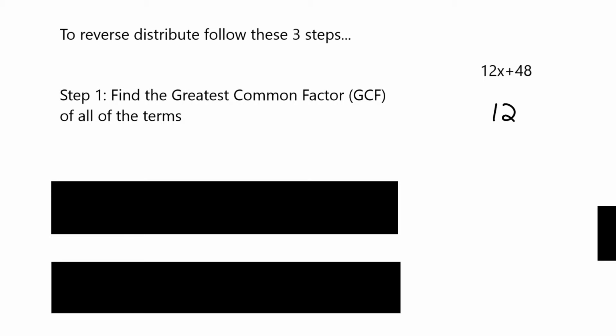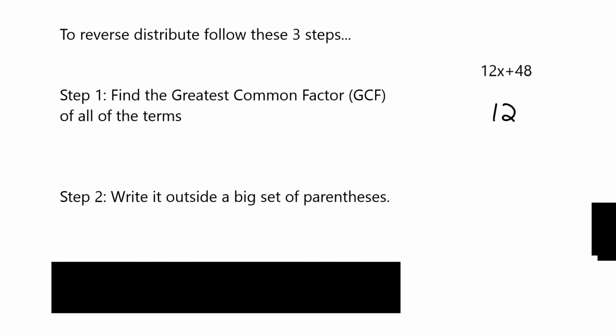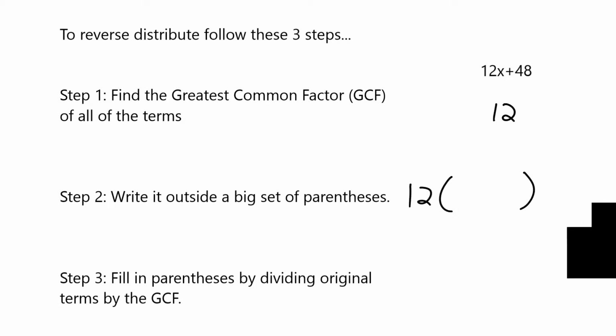After you have the GCF, greatest common factor, you need to write it outside a big set of parentheses. Leave room inside the parentheses. To fill them, in the last step, you need to divide what was there originally, the original term. What you'll divide it by is the GCF.